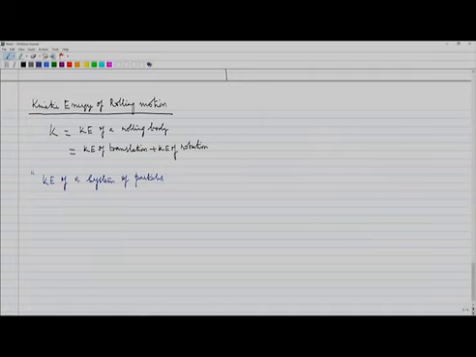In fact, we did a two-body problem. So the kinetic energy of a system of particles is equal to the kinetic energy of the center of mass plus the kinetic energy of rotational motion about the center of mass. That is important. This we had done.